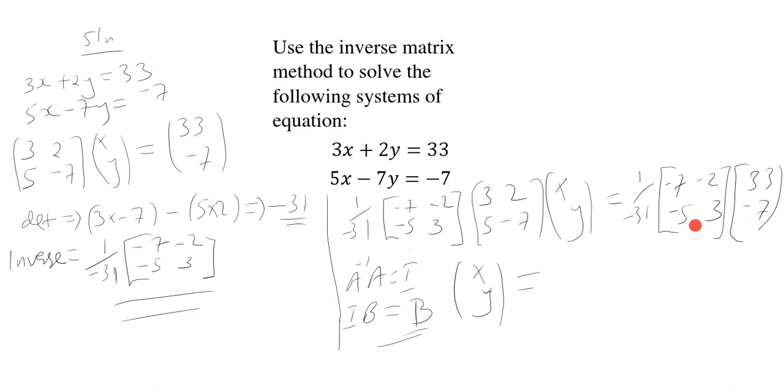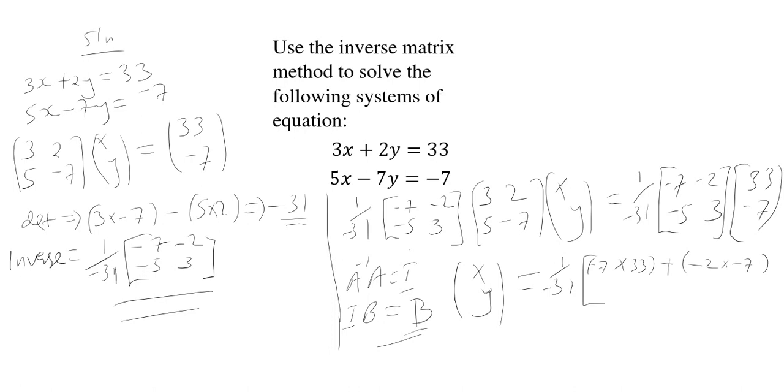Then we move to the second row, we multiply with the column also. So we shall have 1 over negative 31, negative 7 times 33 plus negative 2 times negative 7.